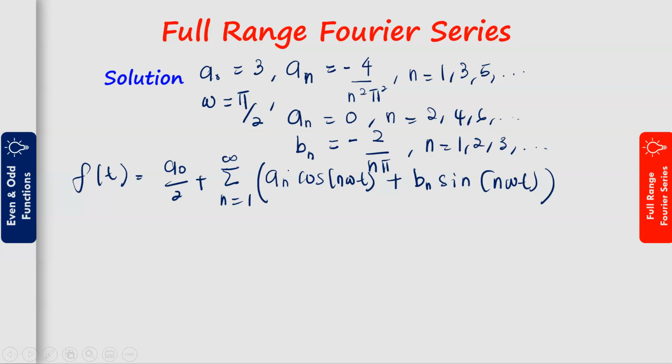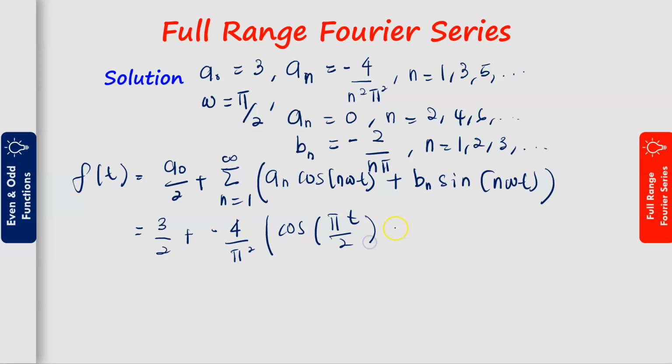Finally you will get the Fourier series for this equation: a0 is 3, so 3 over 2 plus, when n equals 1 we use this one, which is -4 over pi squared. We put in a bracket here cos, our angular frequency is pi over 2 and n is 1, so pi t over 2.